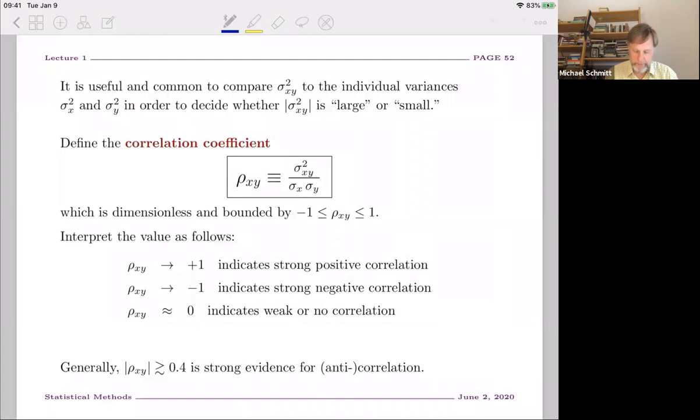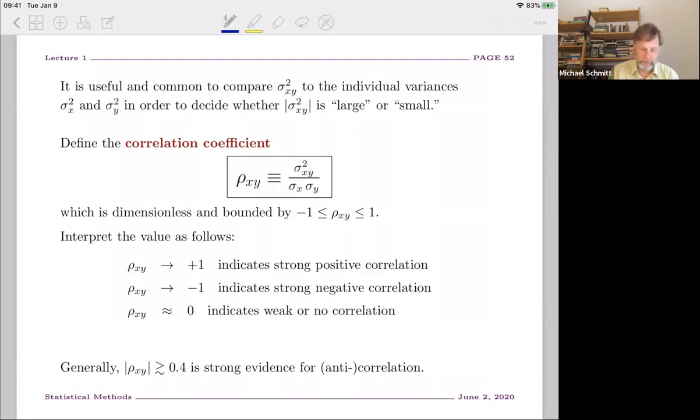All right. Now, one of the technical problems of dealing with the covariance, or the variance for that matter, is that they're big or small depending on what kind of units you use. I mean, are sigmas measured in kiloparsecs or are they measured in Fermis? Depends on the problem.